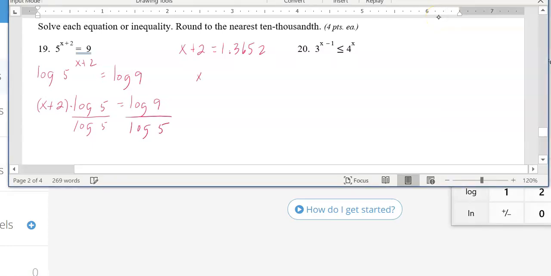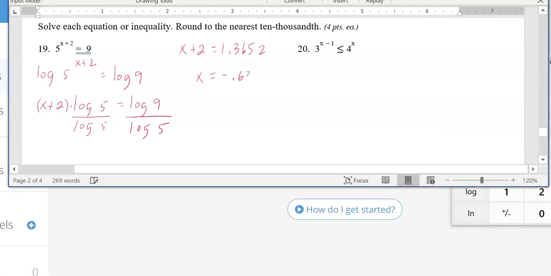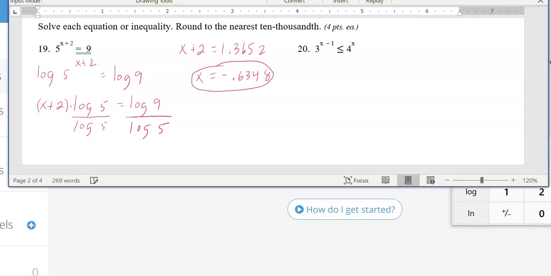And then to solve for x, you just subtract 2 from that, and you get negative 0.6348 after rounding. So let's say approximately. All right, there's your answer for number 19.